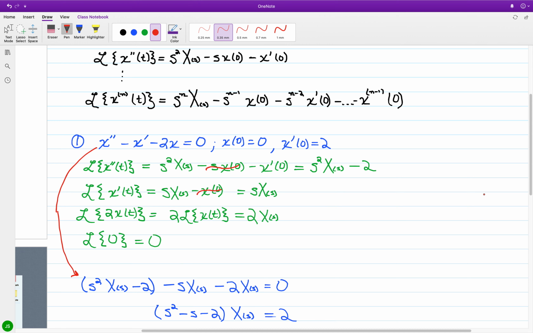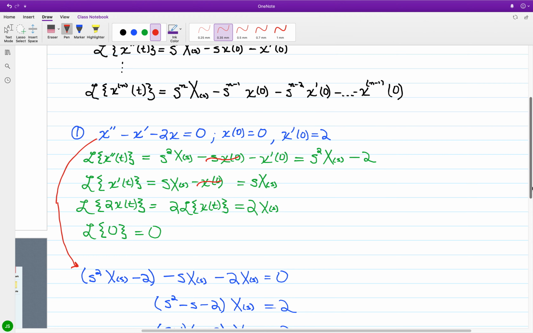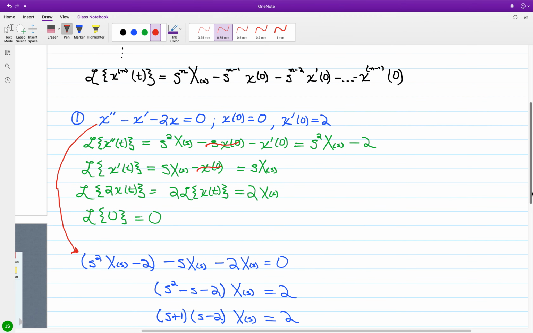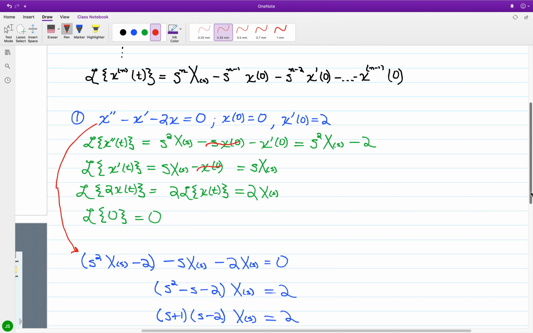Here we have a trinomial that we can factor, so we have the quantity s plus 1 times s minus 2 times the Laplace transform X of s equal to 2.